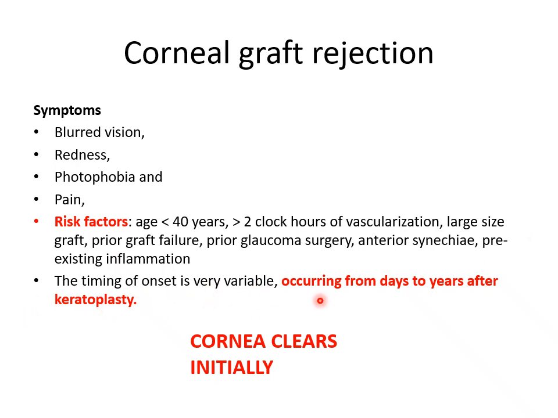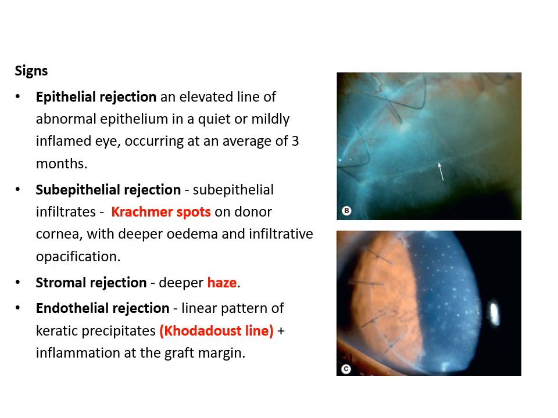The timing is very variable, occurring from days, that would be an acute rejection, to years, that would be a chronic rejection. So rejection can happen at any of the 3 levels, that is epithelial, stromal, or endothelial, and even subepithelial. So epithelial rejection is seen as an elevated ridge of abnormal epithelium in a quiet or very mildly inflamed eye and is usually self-resolving in nature.